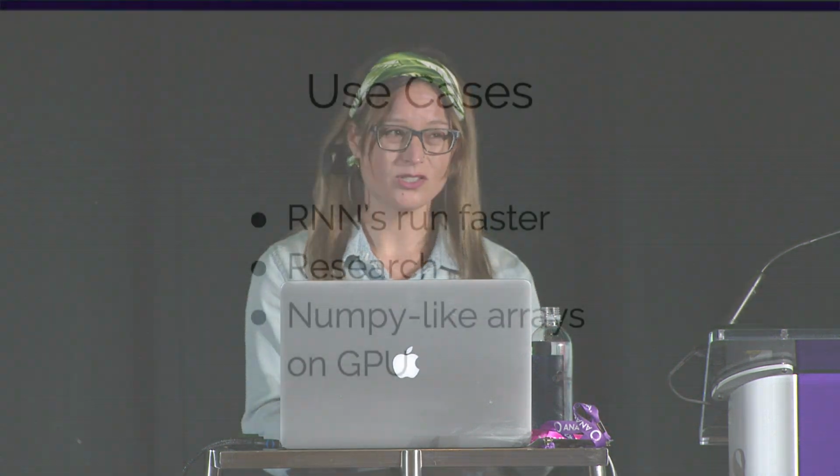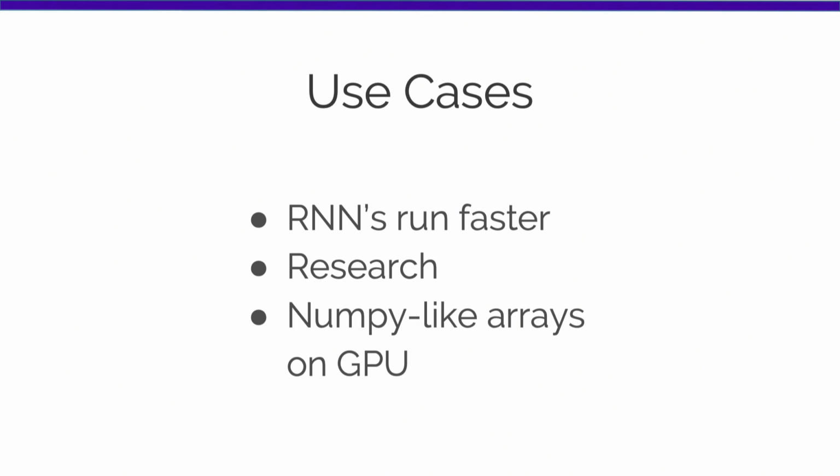So a quick rundown on some use cases that PyTorch is a great fit for. I've already mentioned that its natural support of recurrent neural nets is a great use case because RNNs have variable inputs, and due to PyTorch's use of dynamic graphs, RNNs run faster on PyTorch than any other framework. You don't have to use a separate API.